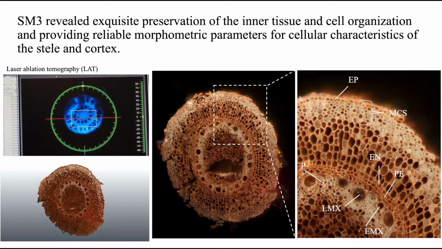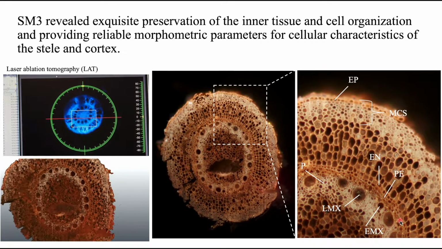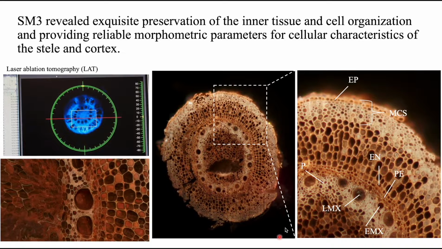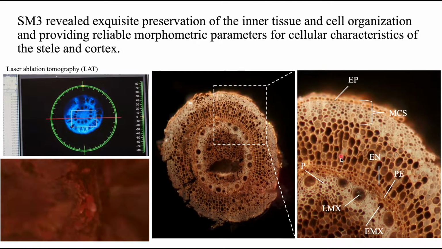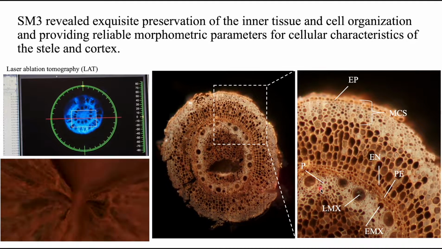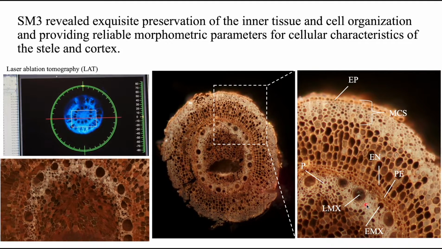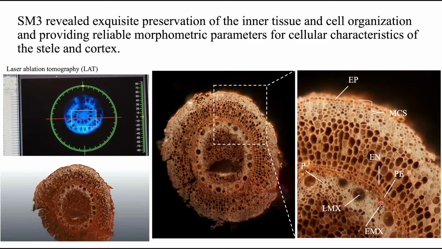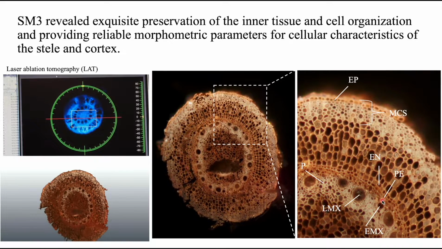For example, if we look at this panel, we can see a very clear distinction between the stele and the cortex. In the stele, we can observe structures like the phloem and xylem vessels. We can even distinguish between early metaxylem vessels and late metaxylem vessels.